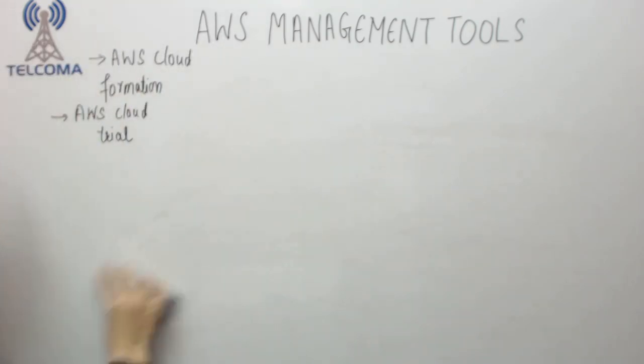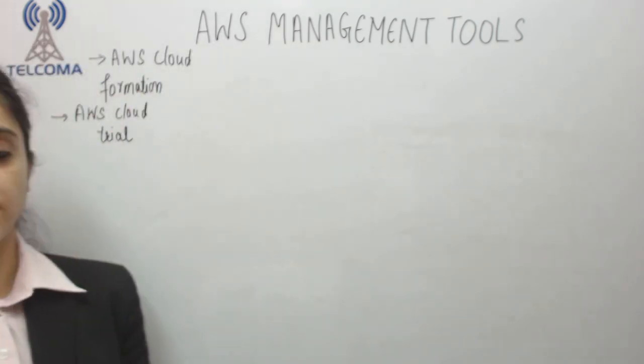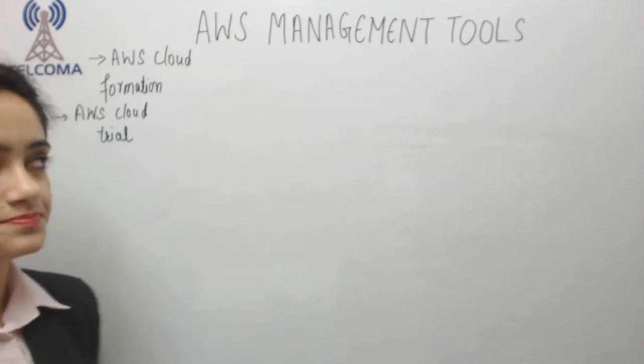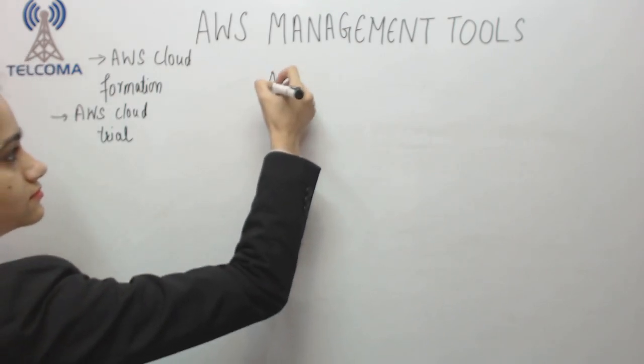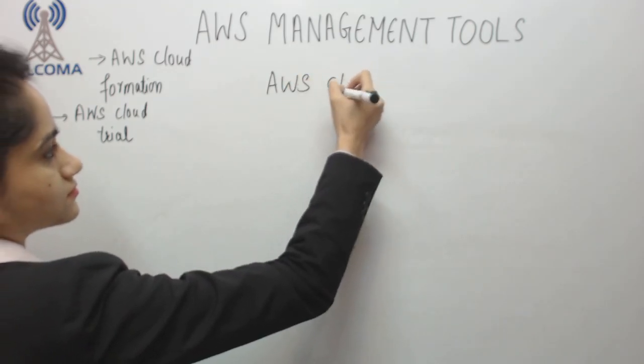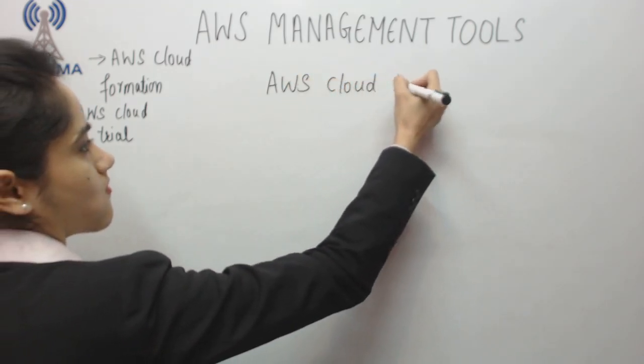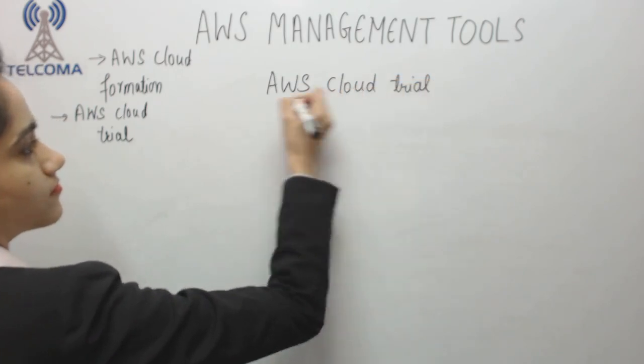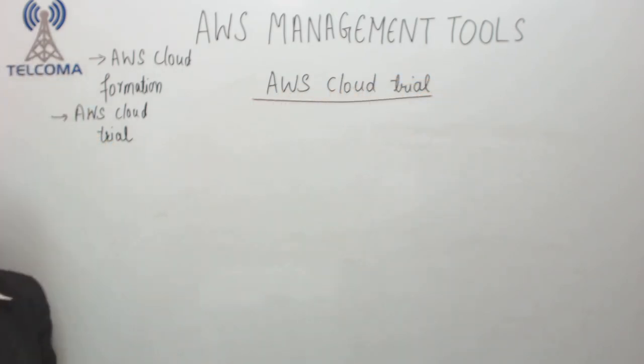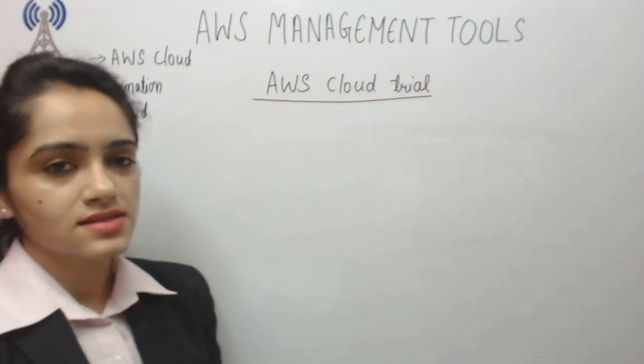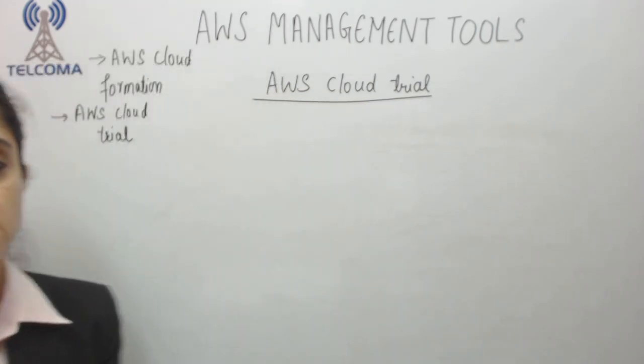Now, the next topic in management tools is AWS CloudTrail. This is basically a web service that records AWS API calls.